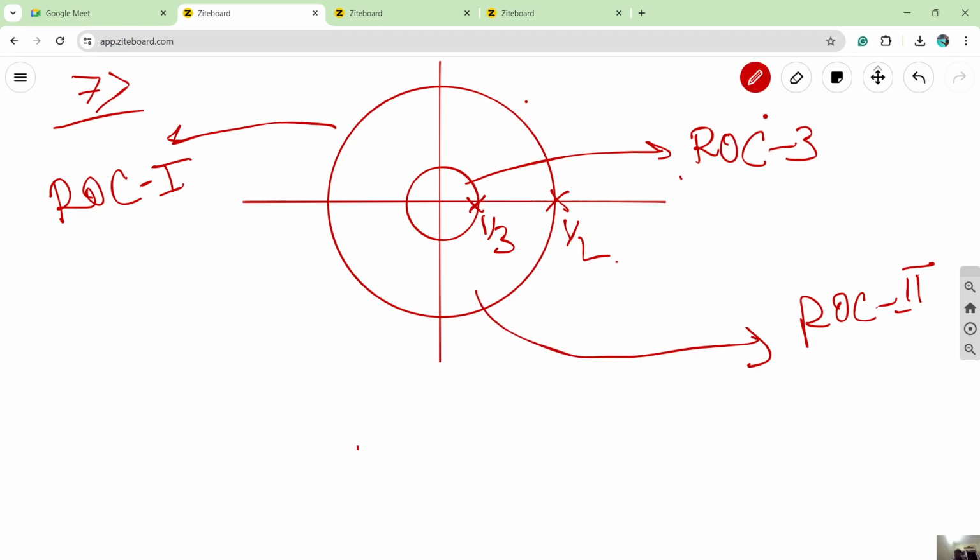So first, we should consider ROC2. So ROC2 is this one.